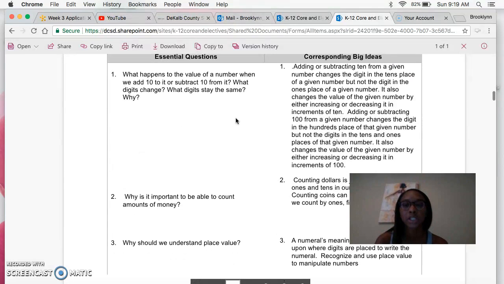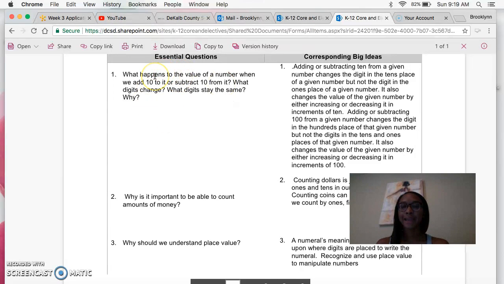So the essential questions, which I typically feel are what students really should be able to do. Those are: what happens to the value of a number when we add 10 to it or subtract 10 from it? What digits change? What digits stay the same? I understand why this essential question is with this unit, but I also feel as though the students should have gotten that in the first unit when you're diving into base 10 understanding and what it is.